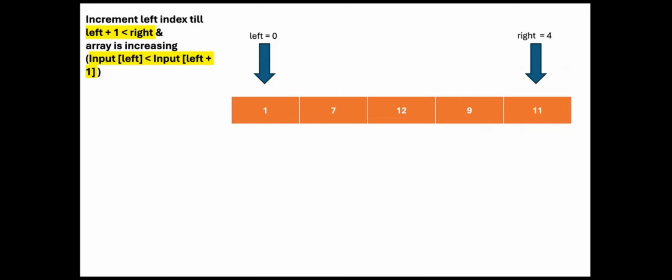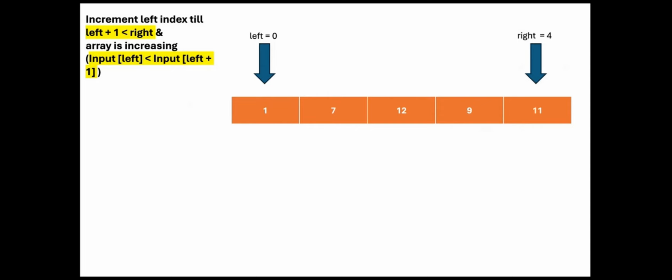We need to increment the left index while left plus 1 is less than right. The reason for left plus 1 less than right is that we need to stop when we have one element left, because we need to remove only one element. The problem statement says you need to remove one element to make the array strictly increasing.